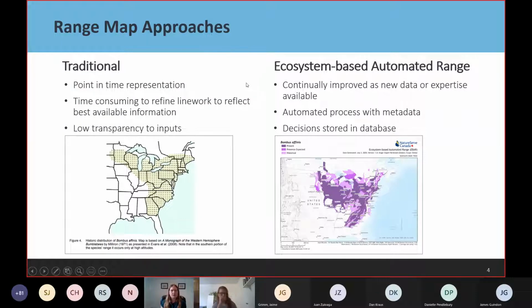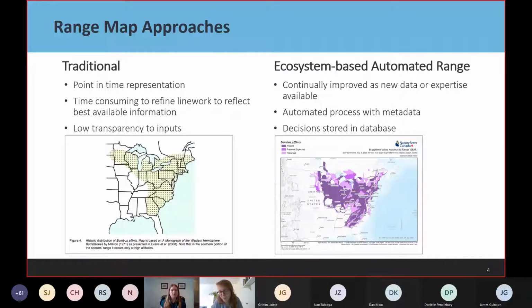So what makes EBAR unique or different from a traditional range map? If we start with thinking about a traditional range, these are often point-in-time representations. They're created for a report or a publication. They're not intended to be living products. They can also be quite time-consuming to create because the line work has to be refined based on the best available information.